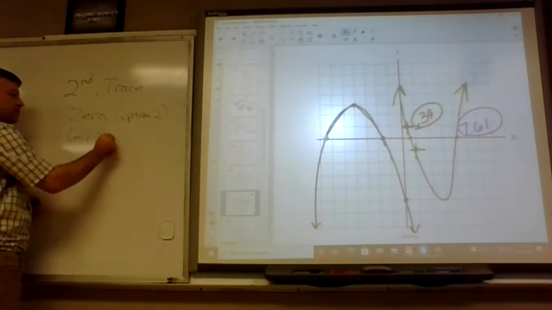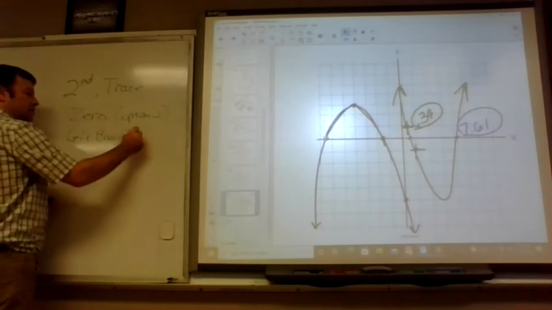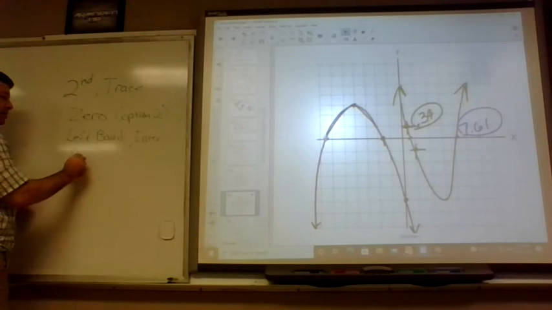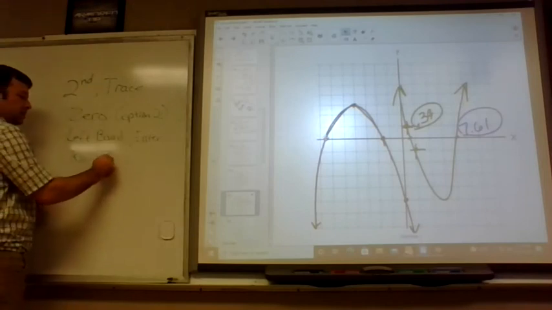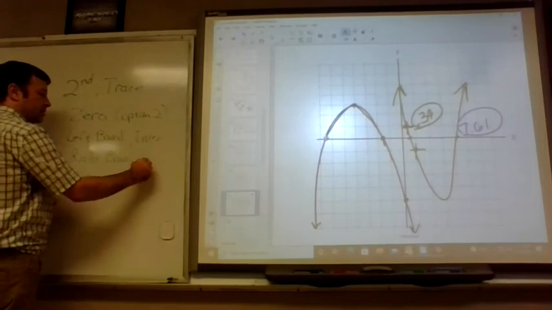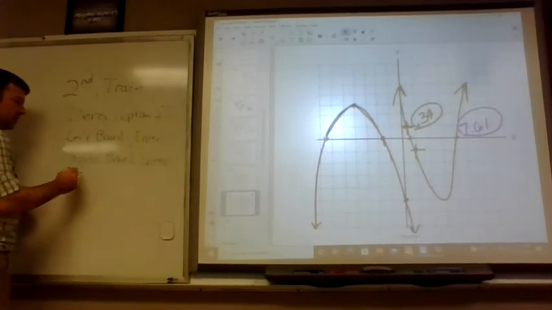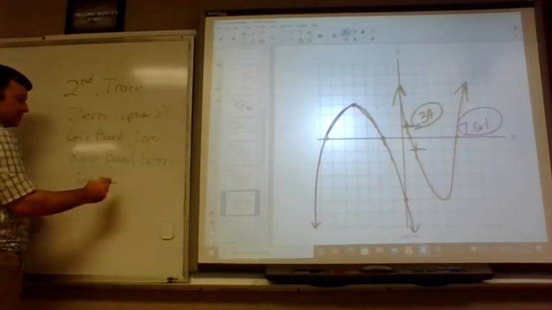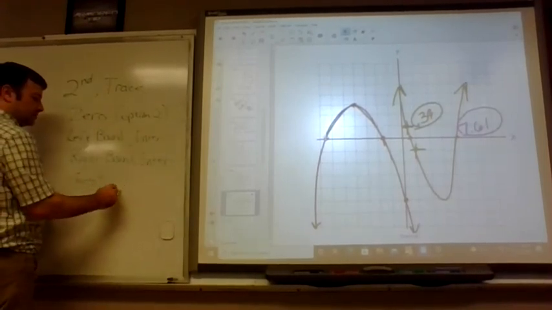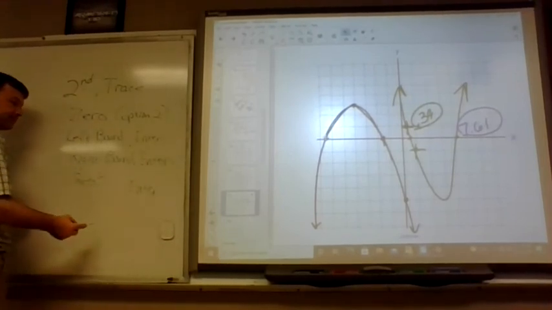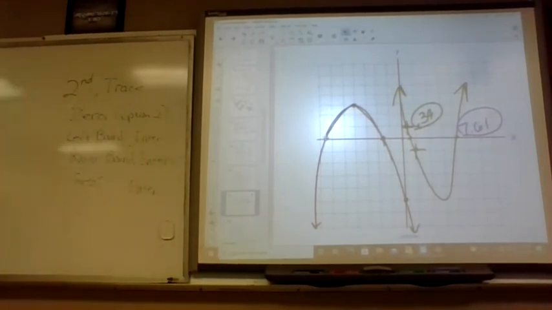Enter the left bound. Boom. I'm the best grapher. Enter the right bound. I do it. Okay. Yeah, it's the yellow button and then the trace button. The green button. Enter the guess, like get your cursor close. Blue button. Sweet.